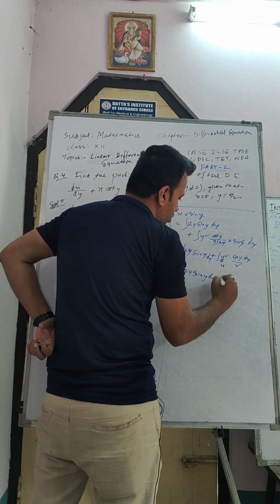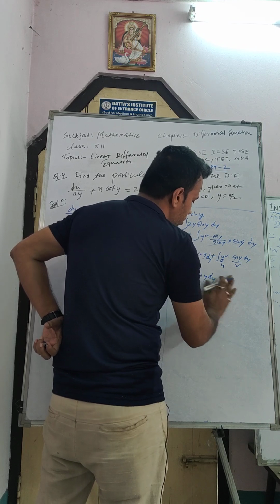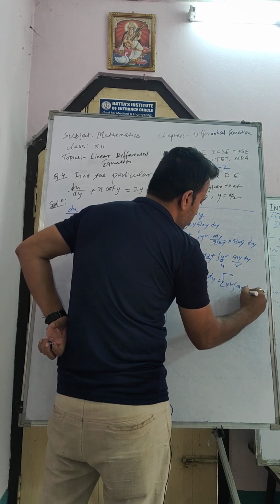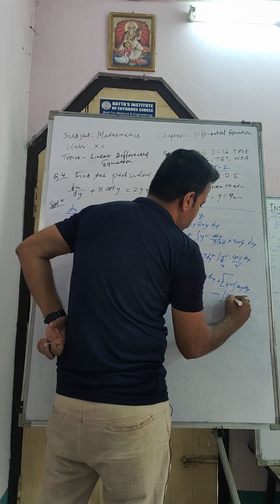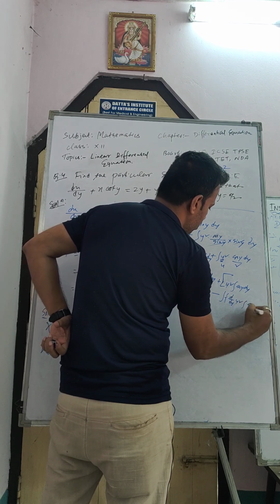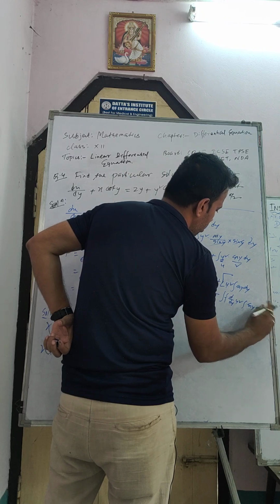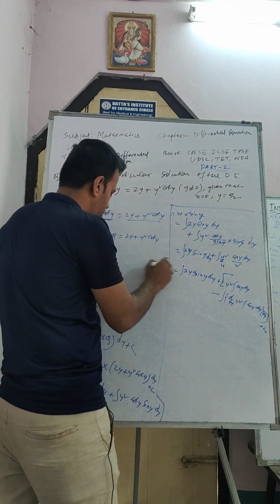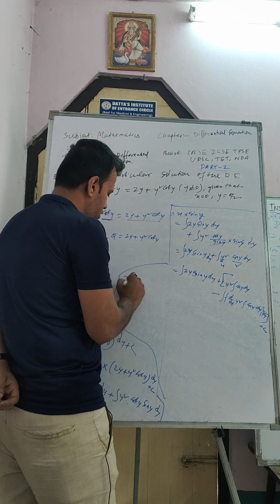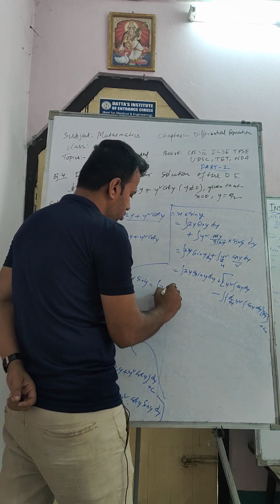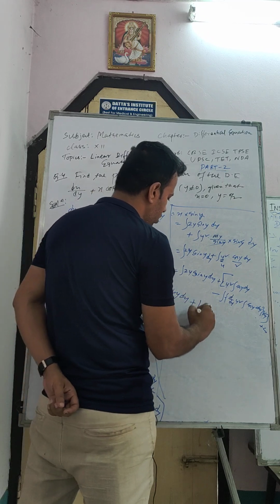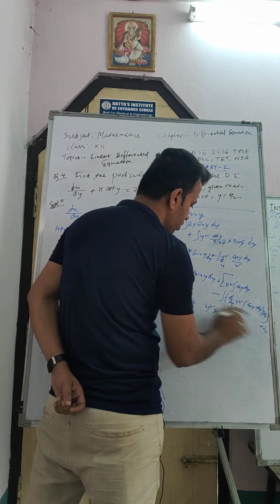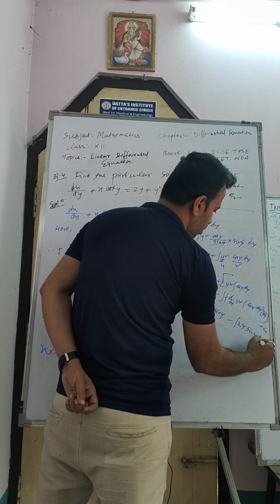Integration of y square cos y dy is y square sin y minus integration of 2y sin y dy. So x sin y equals 2y sin y dy plus y square sin y minus 2y sin y dy plus c.